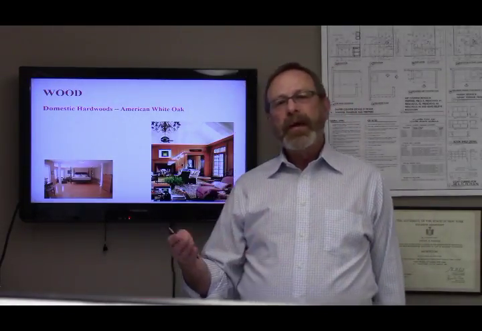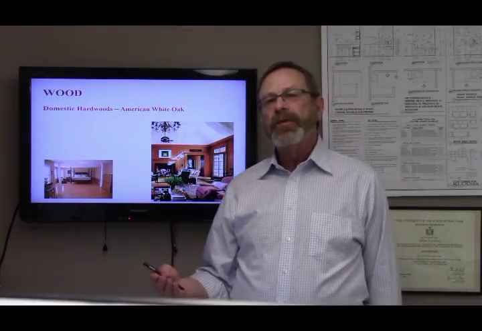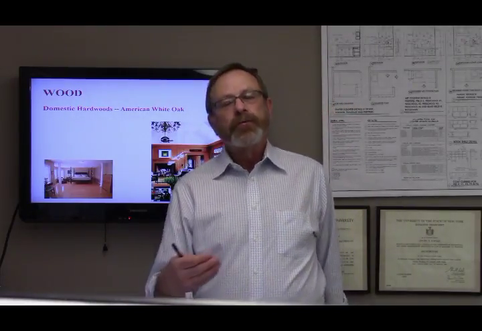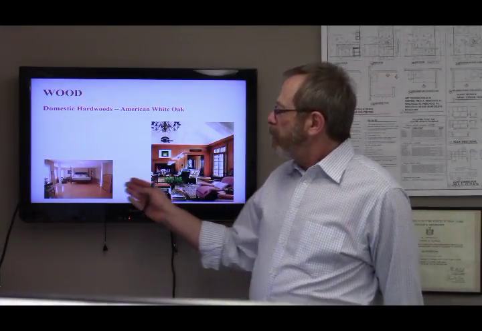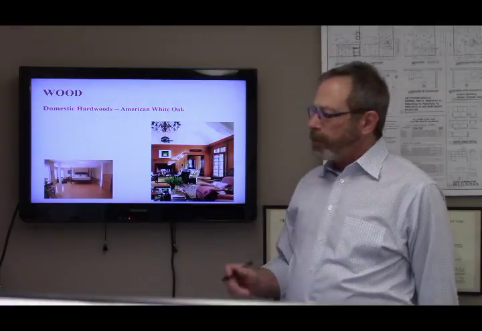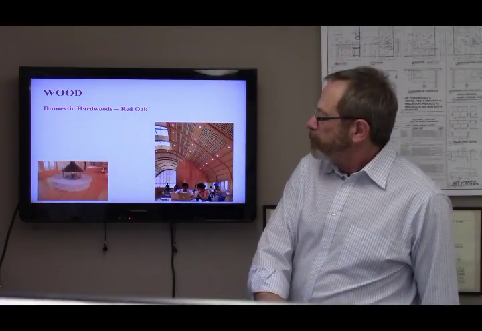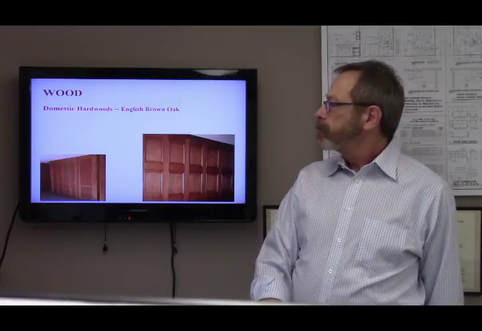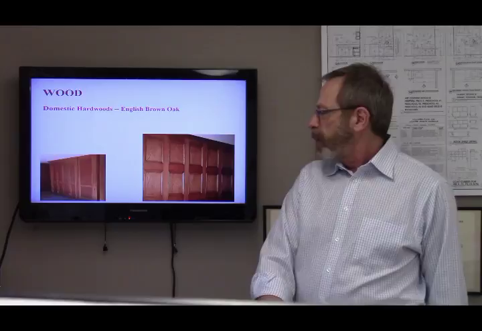What we're not going to see, maybe the substructure or the framing of the house, is going to be a softwood that comes from the coniferous trees, the trees with pine needles and cones. So this is, again, white oak, a floor and panel. This is red oak, floor and ceiling. English brown oak, darker still.